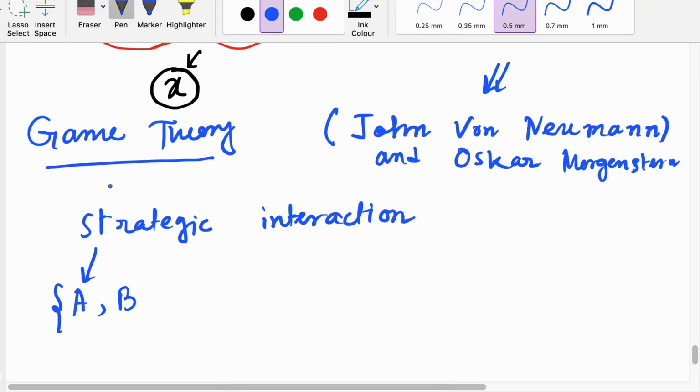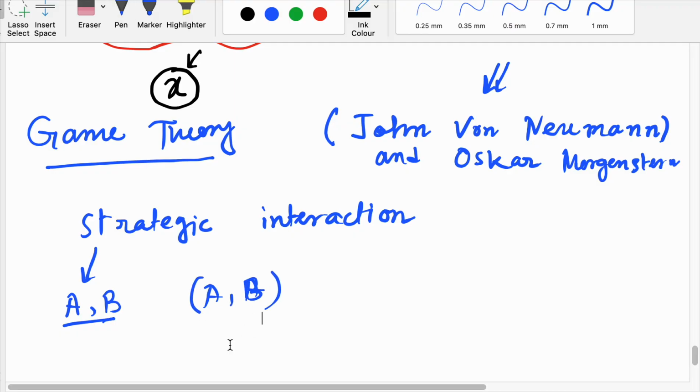Strategic interaction means, suppose there are two individuals and they each have two options, A and B. Whatever I am doing, I am not getting a payoff only because of the option I am choosing.